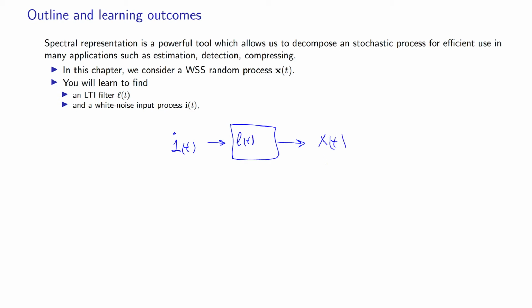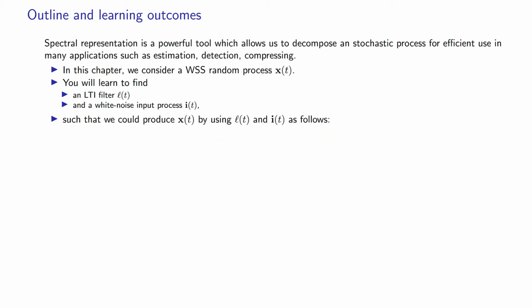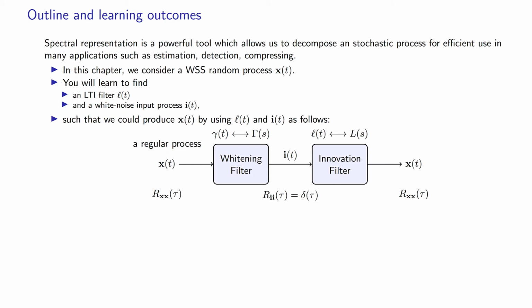So given an x of t to be wide sense stationary, we want to find this filter and this white noise. This white noise is referred to as the innovation process. You see the white noise given to the innovation filter produces your random process. So these two together can generate your random process.